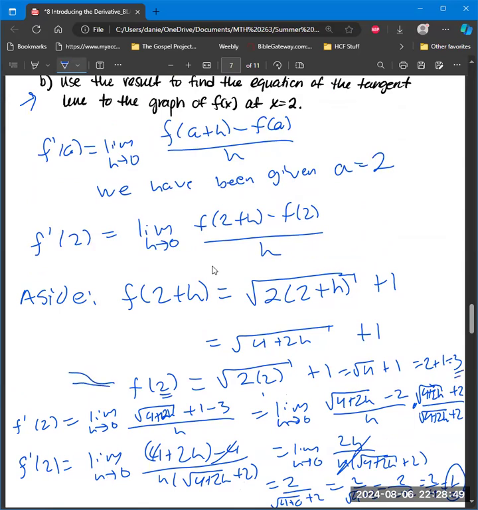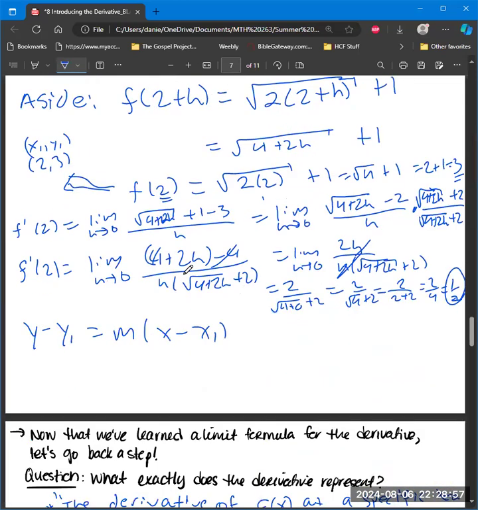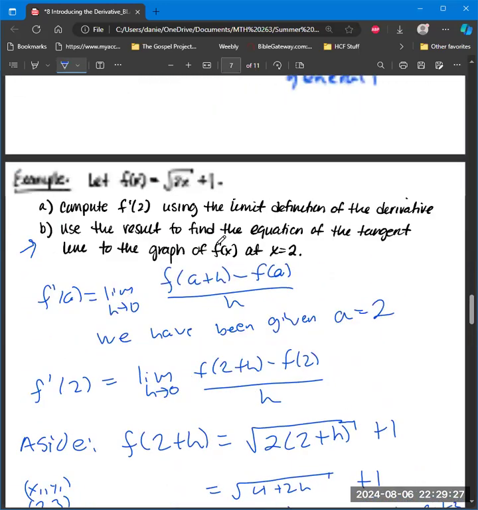So that implies that we have the point (2, 3) on the graph as our x1, y1 that we need for our point slope form. So that's going to be y minus 3 equals, and m was this derivative here, 1/2 times x minus 2. So y minus 3 equals 1/2 x minus 1. y equals 1/2 x plus 2, when we add 3 to negative 1, we get 2. And that is the answer there to part B. This was part A up here.